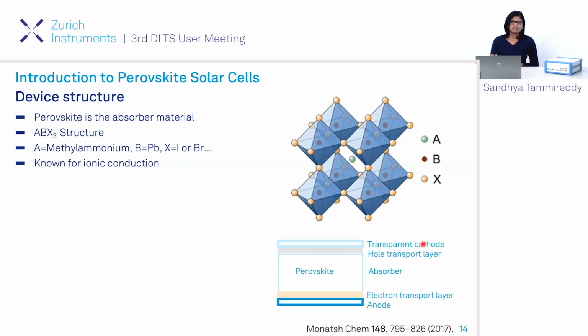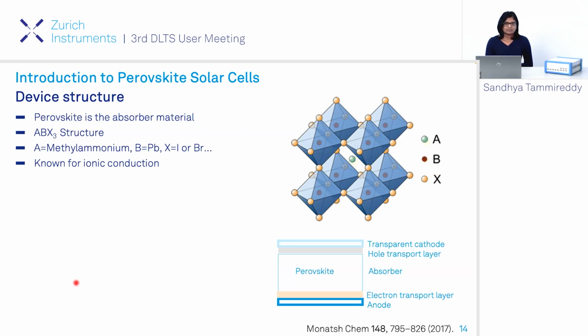This is the perovskite structure I've shown here, which has an ABX3 structure. You have 3 different elements with different compositions. They're called differently, but typically the high efficiency solar cells contain methyl ammonium, lead, and iodide. This material is known to have point defects, and these point defects are thermally activated defects.